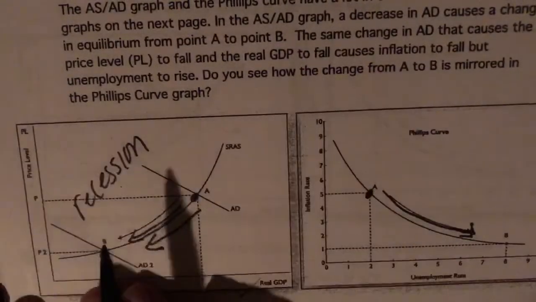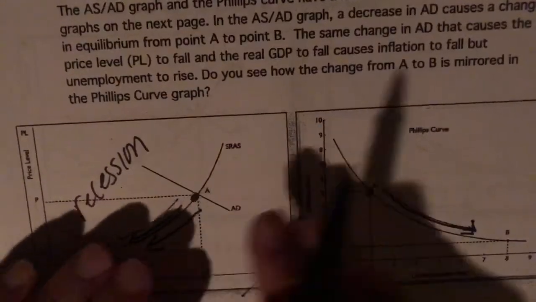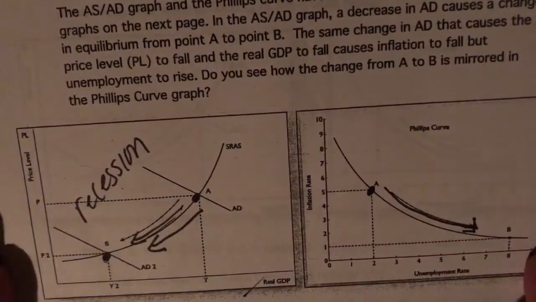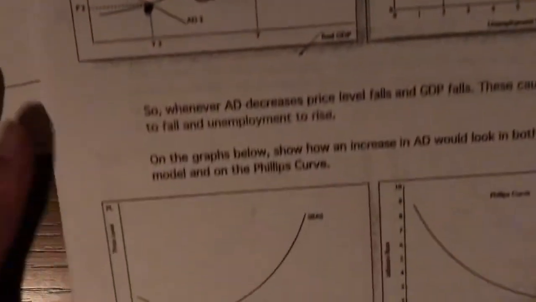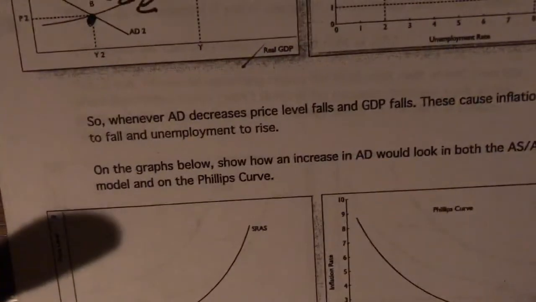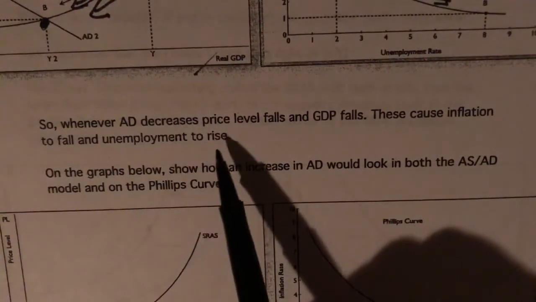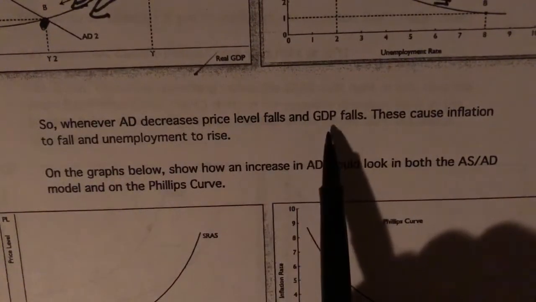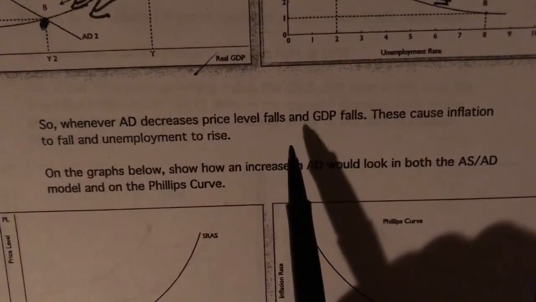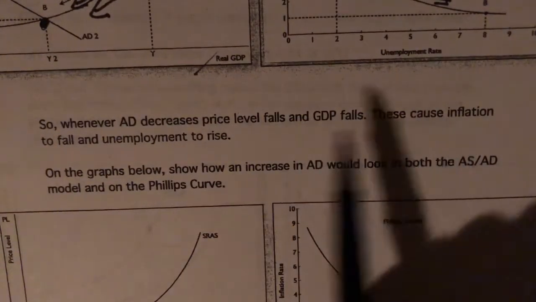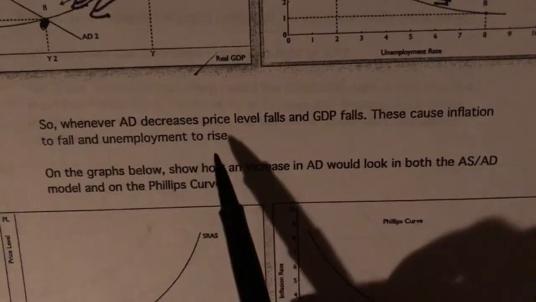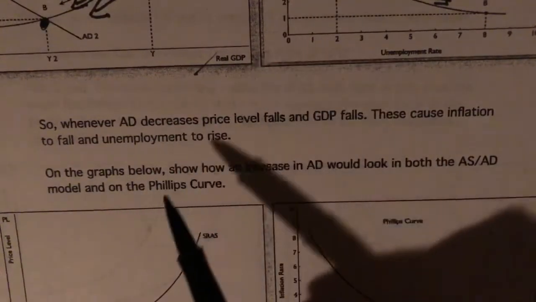When you shift to the left with aggregate demand, you will shift down the Phillips curve to the right. Got me? Okay. So whenever aggregate demand decreases, the price level falls and GDP falls. So that tells us we're in a recession. This causes inflation to fall and unemployment to rise, which is what we called a recession.